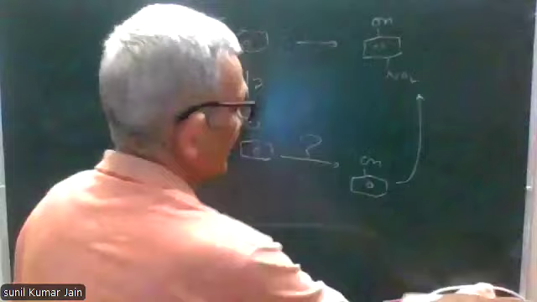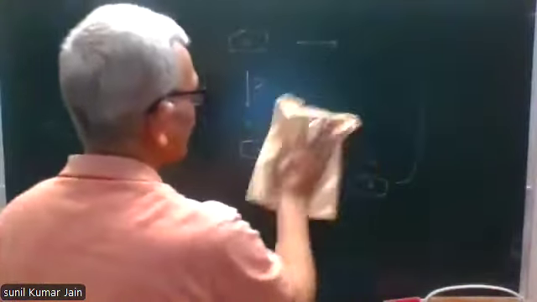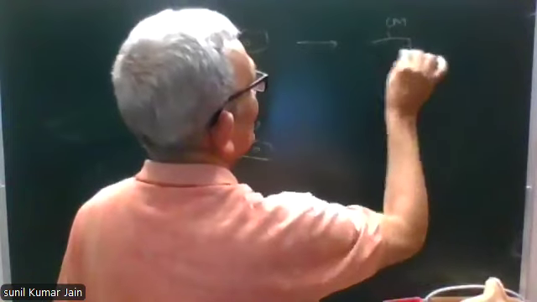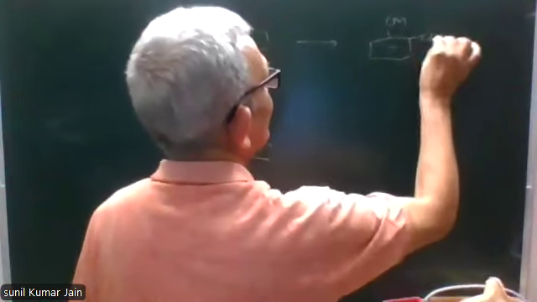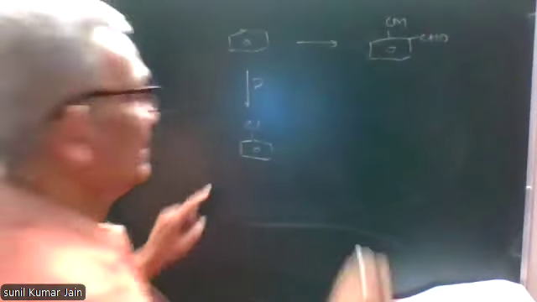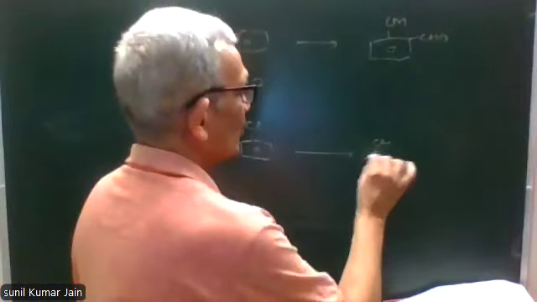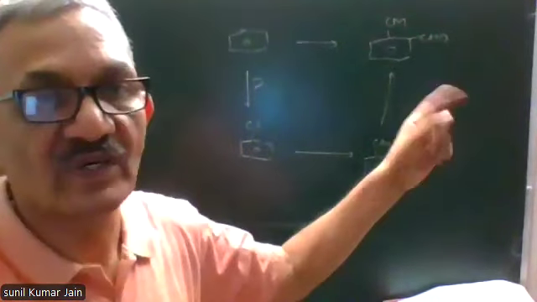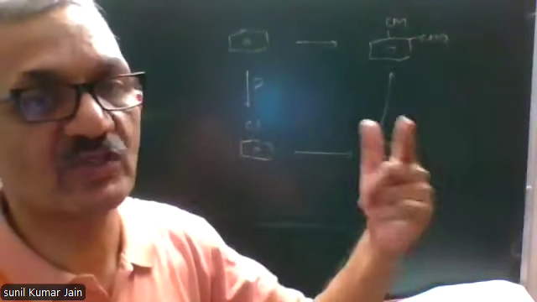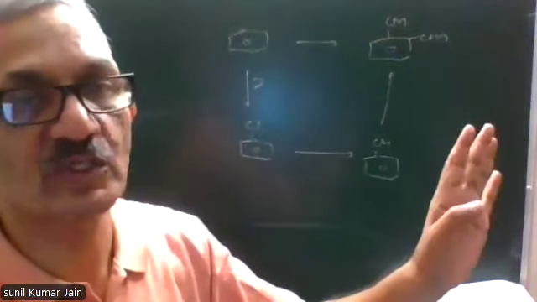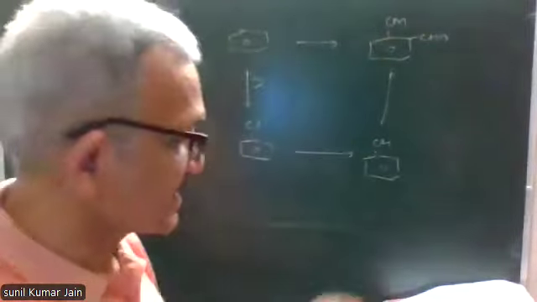Benzene into salicylaldehyde. Convert benzene into chlorobenzene, chlorobenzene into phenol. After phenol, perform Reimer-Tiemann reaction using chloroform, CHCl3. The remaining conditions will remain the same. You'll get salicylaldehyde.